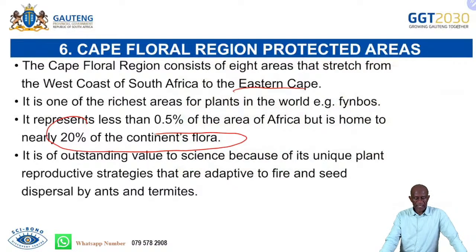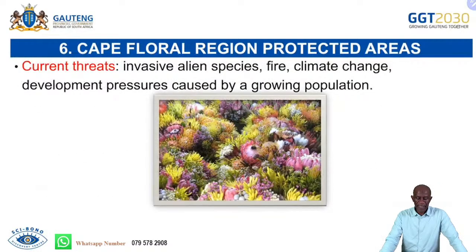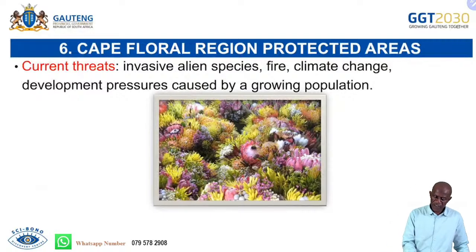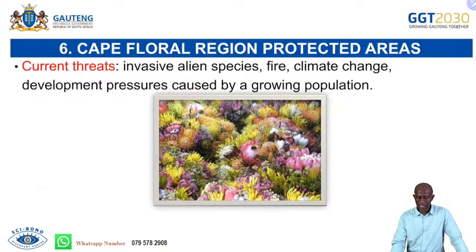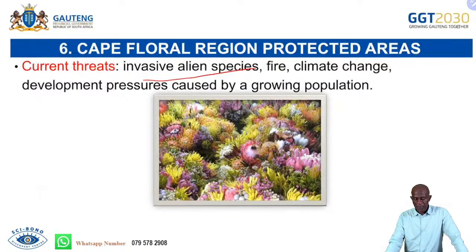It is of outstanding value to science because of its unique plant reproductive strategies that are adaptive to fire and seed dispersal by ants and termites. The Cape Floral Region Protected Areas, the current threats is the invasion by alien species, fire.